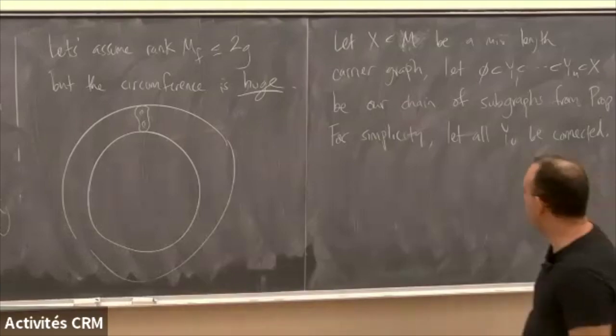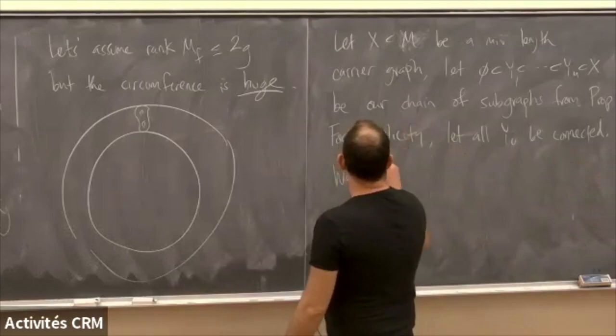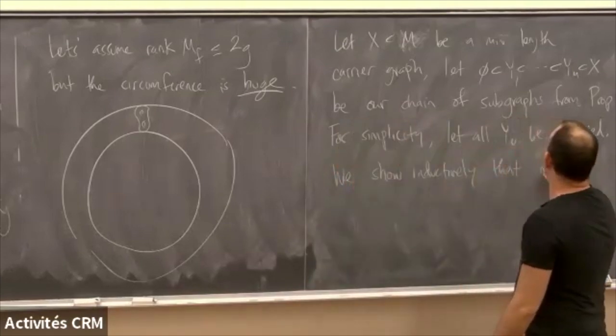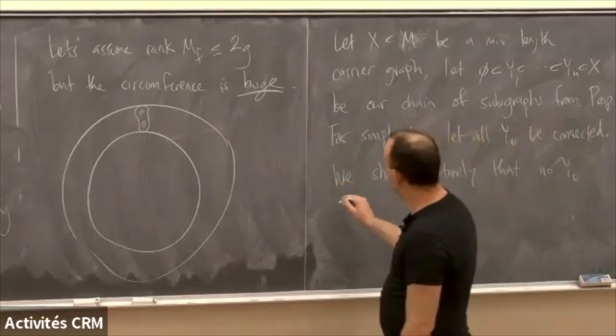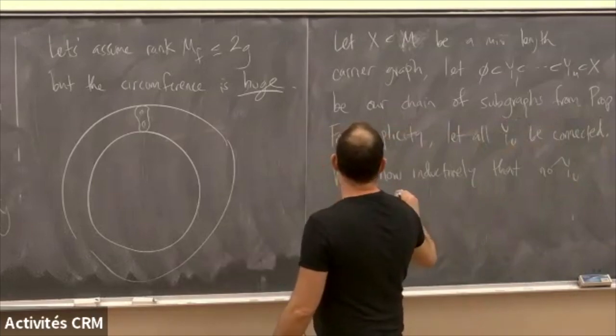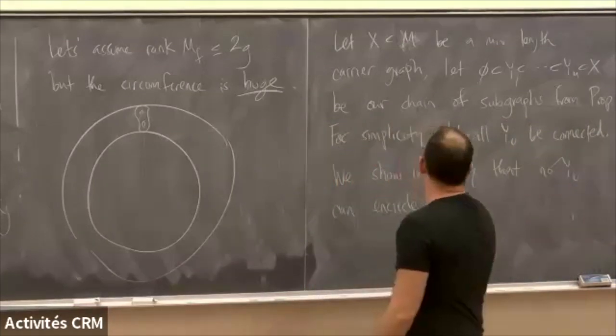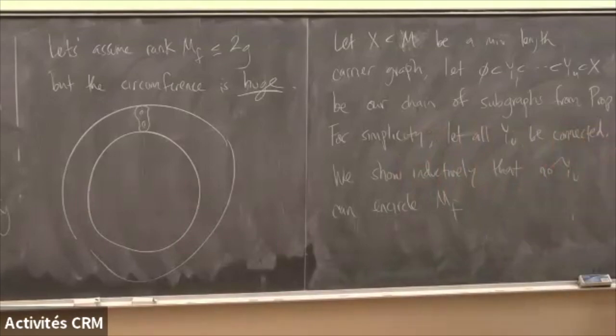So what do we do? Well, we show inductively that no Y_i can encircle M_F, so no Y_i has a loop that projects non-trivially to S^1.